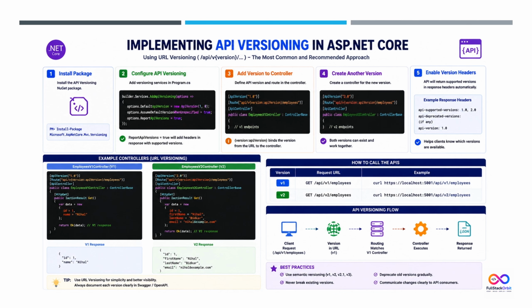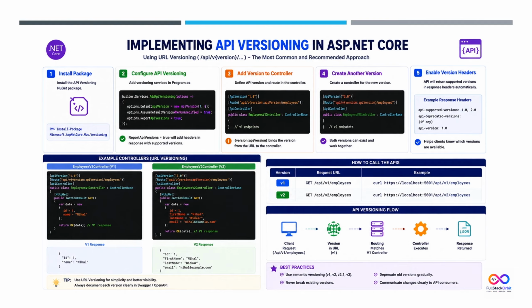In step 3, add a version to the controller. Next, we specify the API version using an attribute. For example, we can mention the API version at the top of the controller, and after that we can define the route where we can mention the API version for that particular action method.